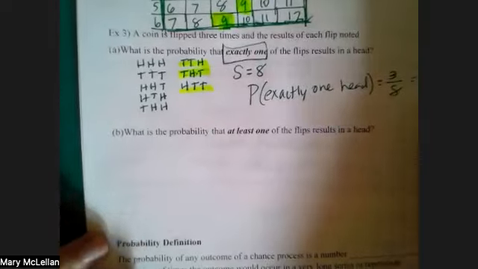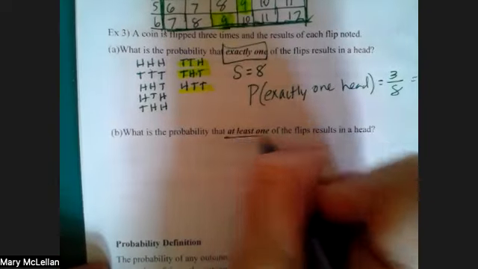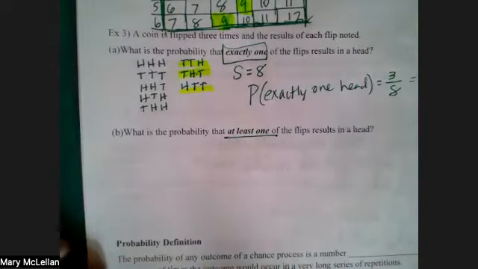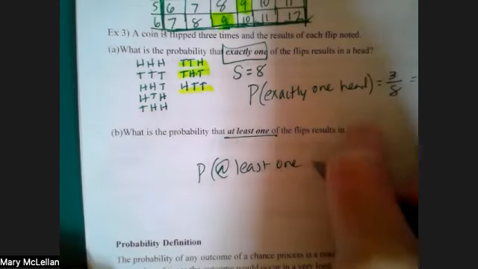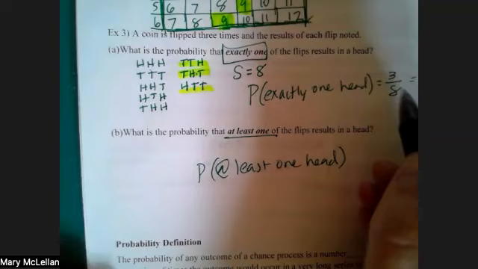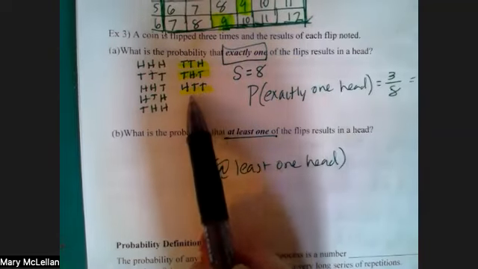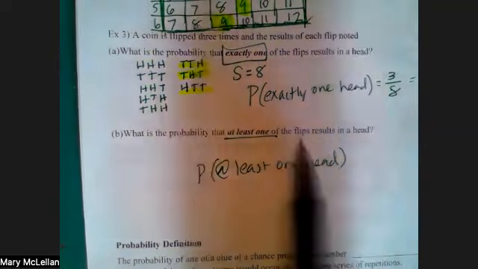Next question is, what is the probability that at least one of the flips results in a head? So now I need to know the probability of at least 1 head. And that's not the same thing, because I could get just 1 head, I could get 2 heads, or I could get 3 heads.